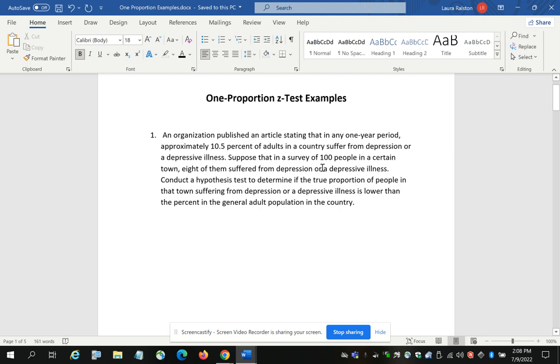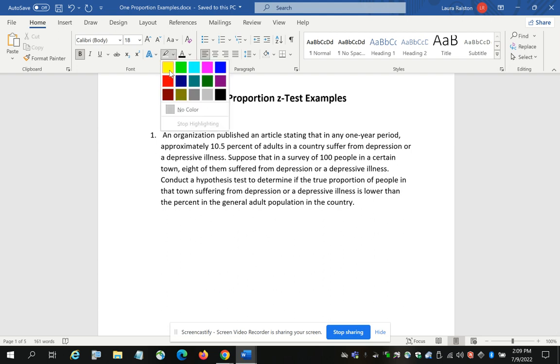Suppose that in a survey of 100 people in a certain town, 8 of them suffered from depression or a depressive illness. Conduct a hypothesis test to determine if the true proportion of people in the town suffering from depression or a depressive illness is lower than the percent in the general adult population in the country.